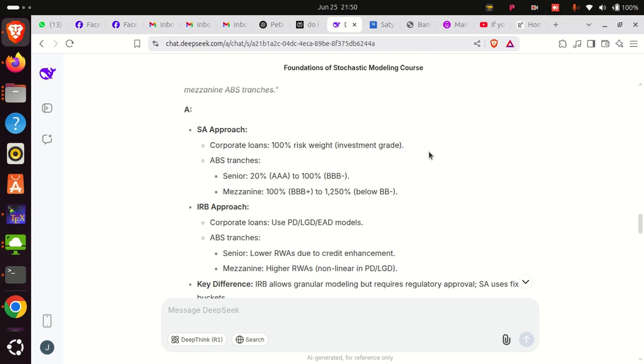So we see that the risk weight varies from 20% for AAA to 100% for BBB negative, which is the last investment grade. As you go down, from BB plus to BB negative, from 100% it goes to 1250%. The IRB approach, more like the internal approach, we calculate the PD, LGD, EAD models.